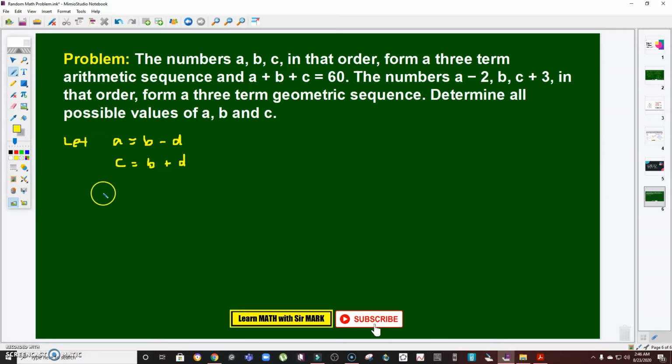So instead of having A, B, and C, I'm going to have B minus D, B, and B plus D.